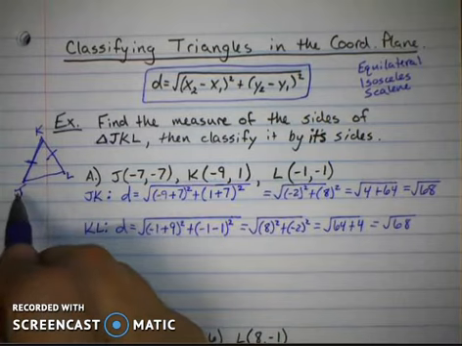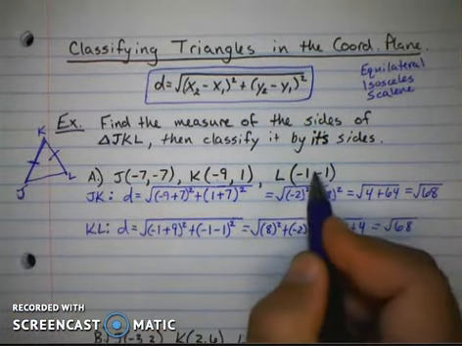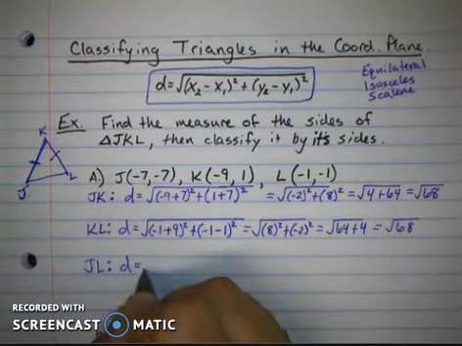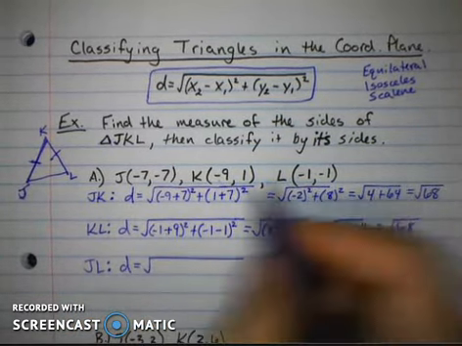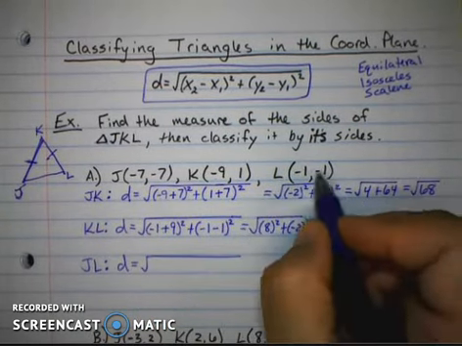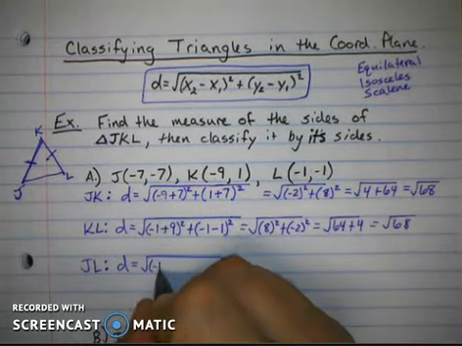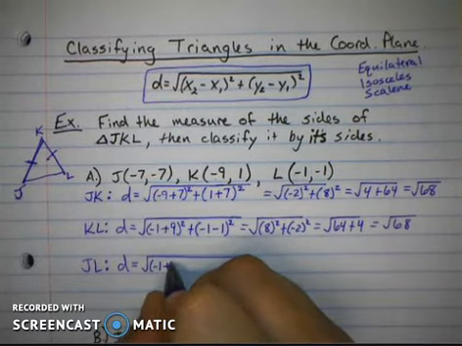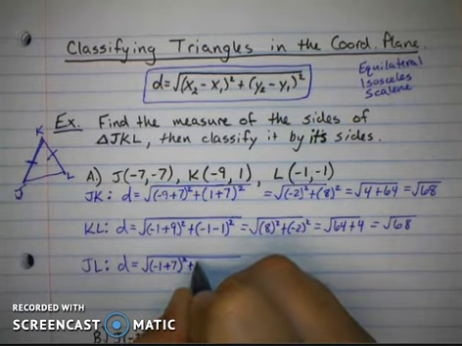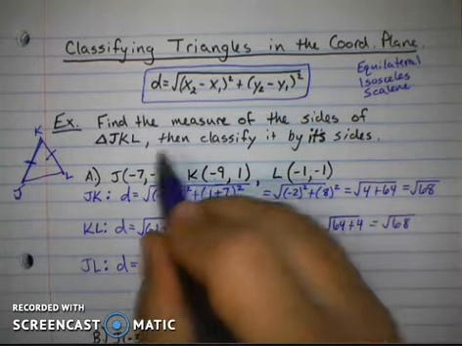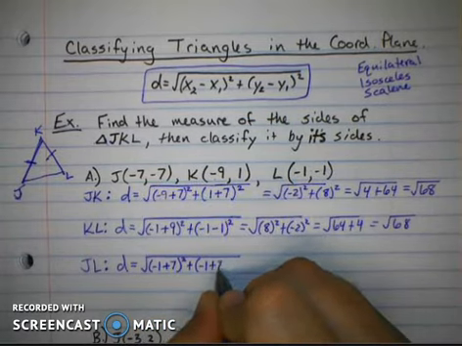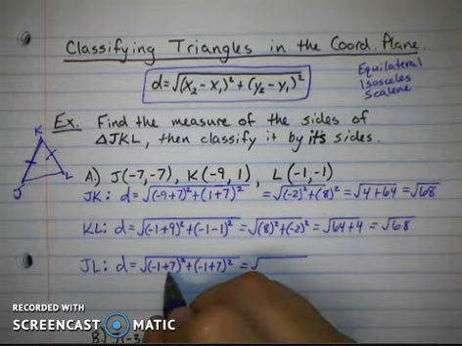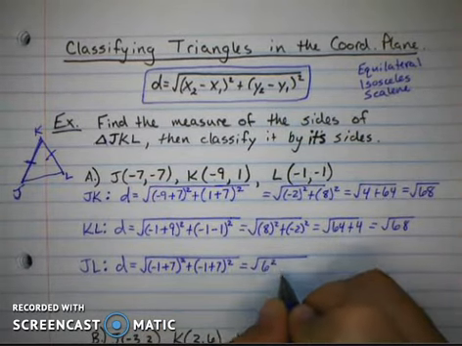I have one more side to check, and that is JL. So I'm going to use J and L. I'm going to use the second x-coordinate, which is the one from L, -1, minus the x-coordinate from J, -7, that makes it +7. Then we do the same thing for the y's, -1 minus -7 becomes -1 plus 7 for the y's. -1 plus 7 is 6, so I have 6 squared.